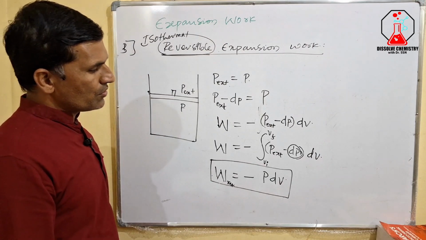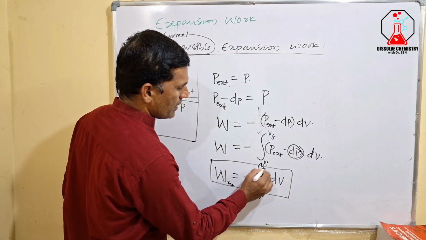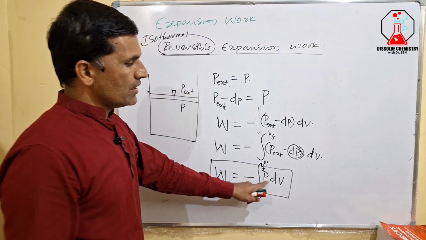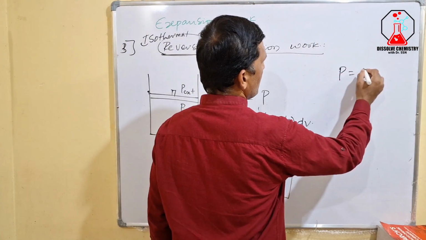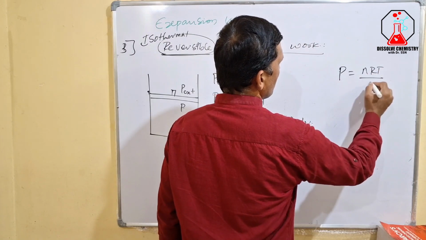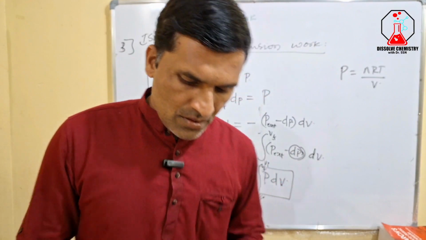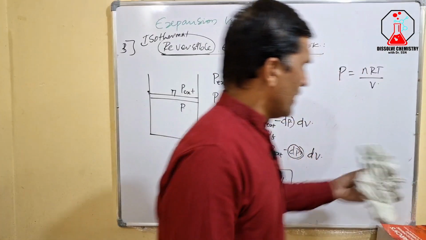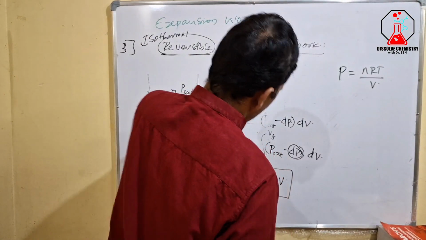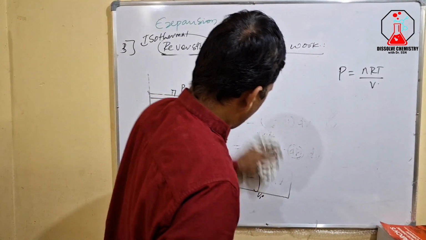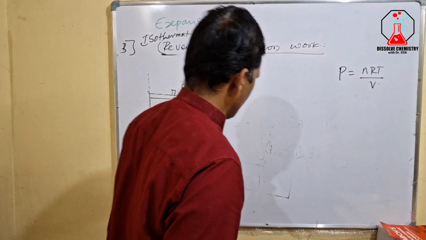For that reason, to integrate this integral, we have to change this pressure in terms of what? Volume. For an ideal gas, P is equal to nRT by V. Now we know that when you maintain the temperature constant, let us substitute that in this particular equation which we got for reversible expansion.